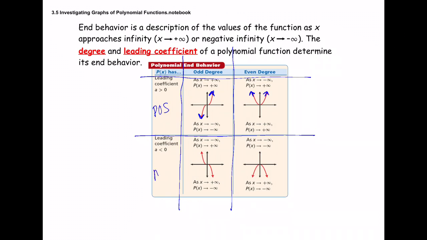If our leading coefficient is negative and our degree is odd, it will go up to the left, down to the right, and if our leading coefficient is negative and our degree is even, our graph will go down to the left, down to the right. So this chart you must memorize.